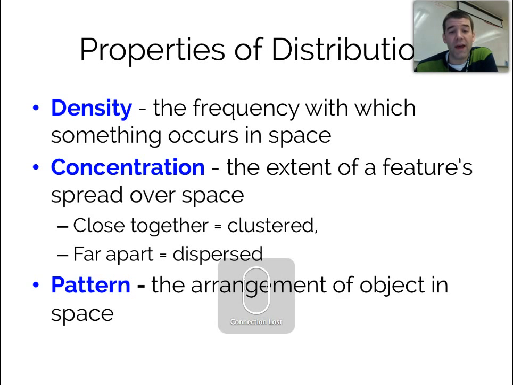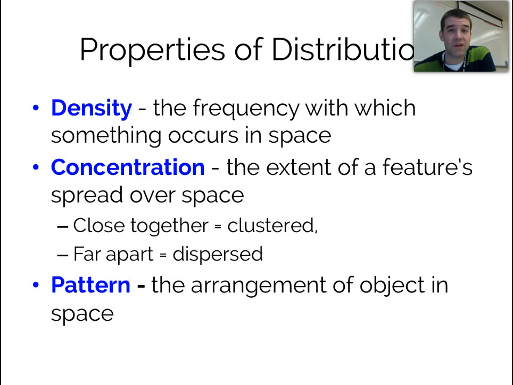When we look at a clustered concentration, with features close together, you're going to see a higher frequency of the feature in one particular area of the space, whereas if it's dispersed, they're going to be more distributed throughout the space. So the difference between density and concentration is pretty significant.